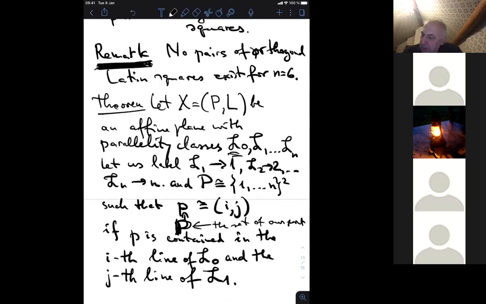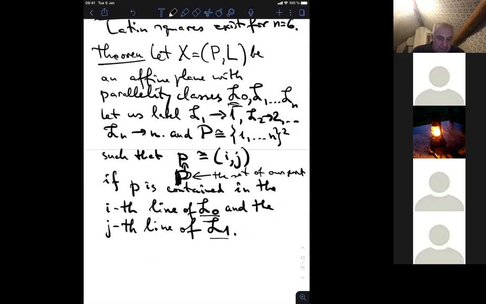So we'll label a point p by numbers i and j if p is contained in the ith line from the class L0 and the jth line from the class L1. Now, finally, I'll present the n-1 tuple of pairwise orthogonal Latin squares, which would be the end of this construction.